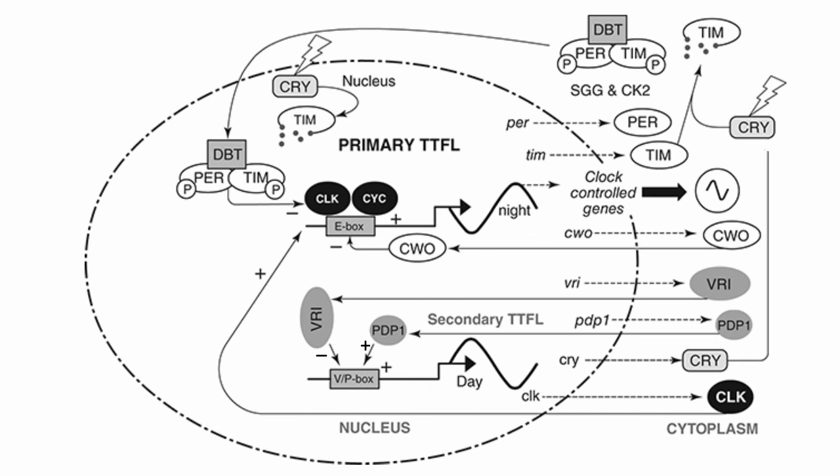So it's sort of a redundant mechanism that does this at the same time that the primary complex is suppressing Clock and Cycle. So we have multiple layers of these transcription-translation feedback loops that are affecting this.